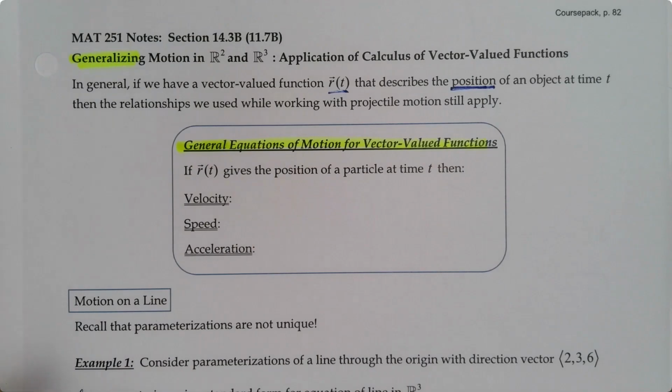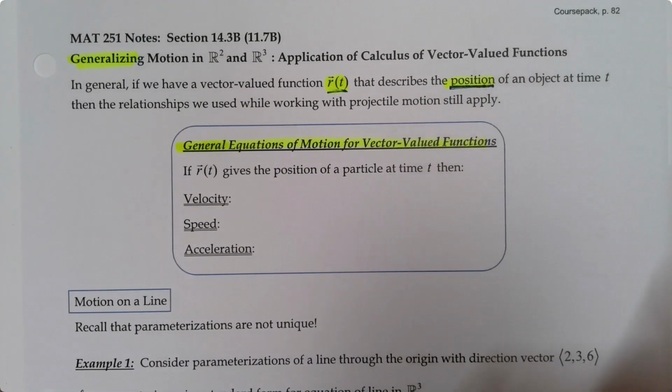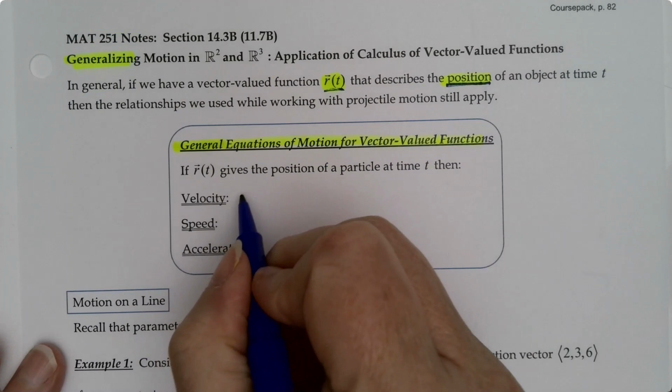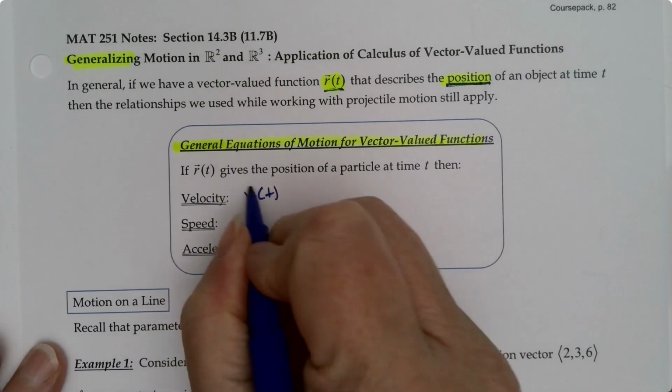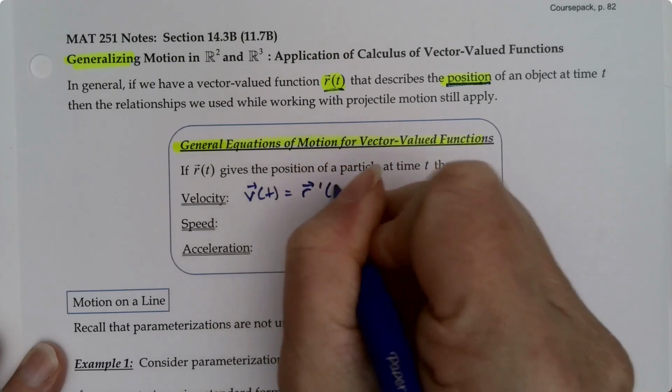Now, remember that r of t is your position, right? So you assume that r of t is your position function. And if that's the case, then velocity, v of t, is the derivative of position.